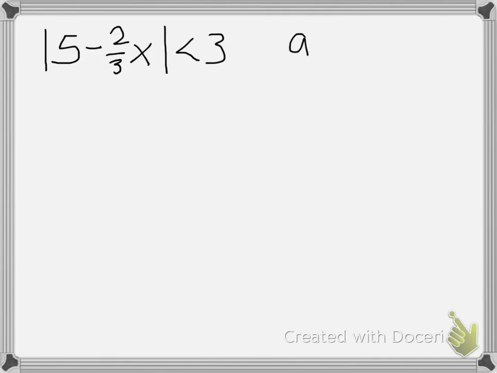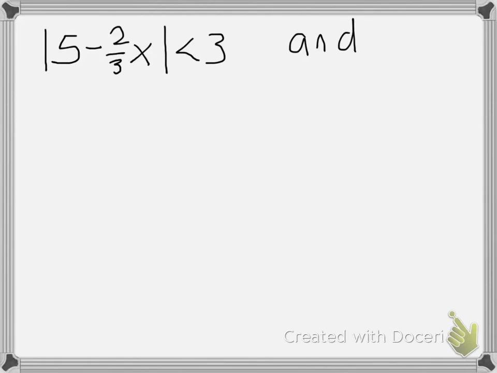All right, so number 9, we have the absolute value of 5 minus 2 over 3 x is less than 3. All right, first thought, less than, that means it's an and problem. Okay, so what do I do?